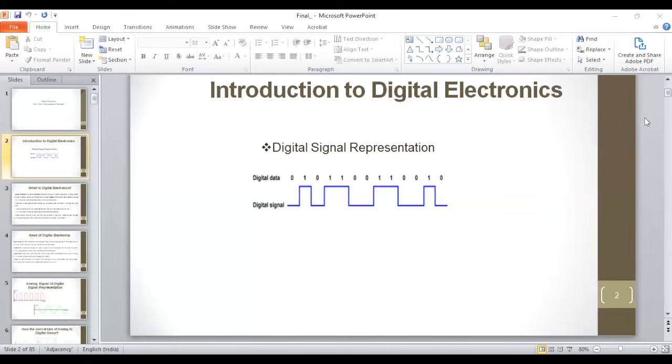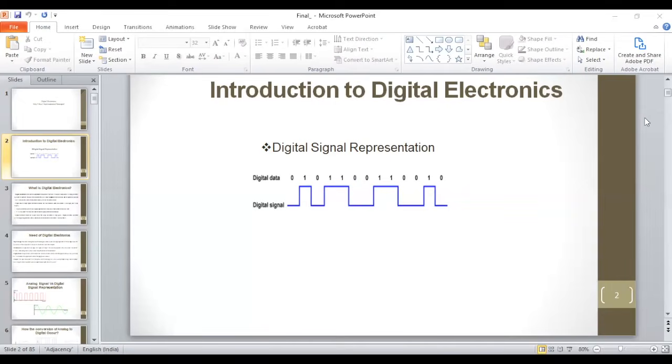If I talk about digital electronics itself, you have to understand two things very clearly: if you are able to understand digital electronics, then you are able to implement the strategies for different electronic environments. Like fog computing, edge computing, cloud computing, cluster computing, these are nothing but byproducts of digital electronics.